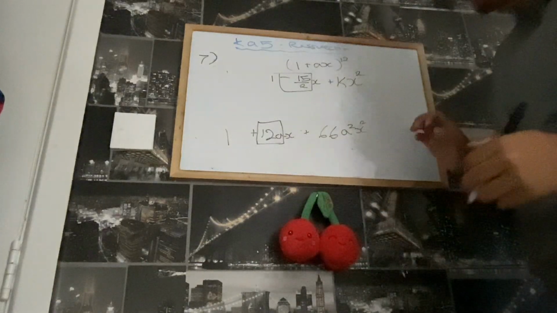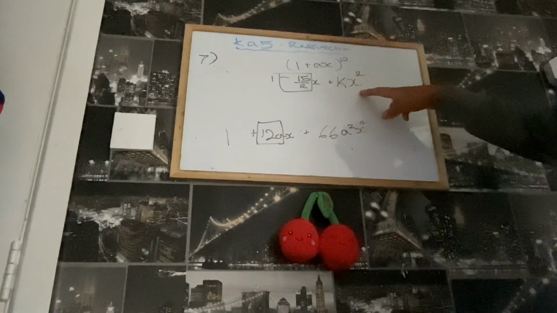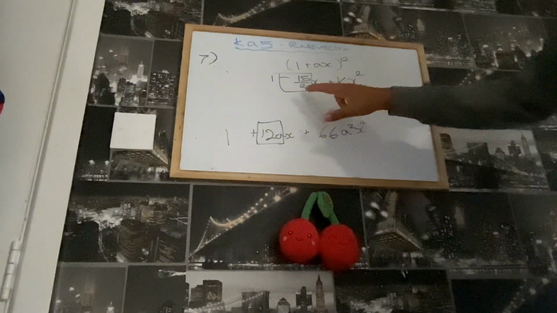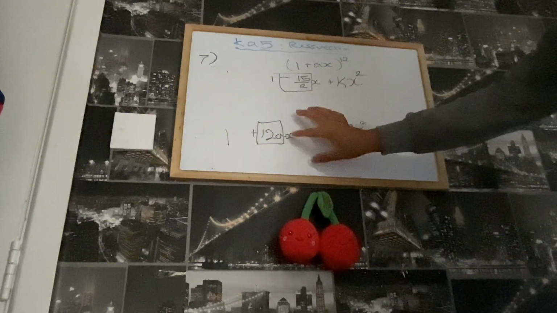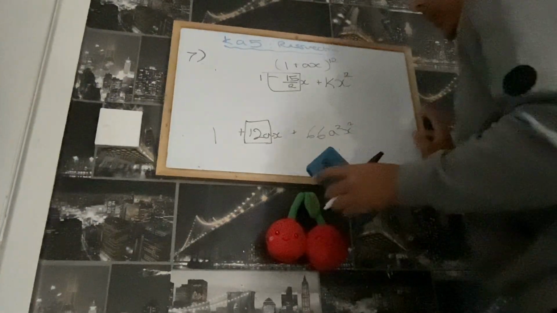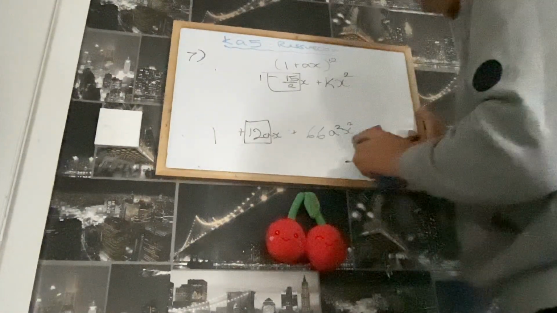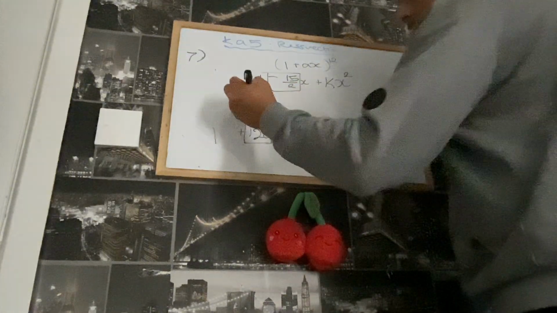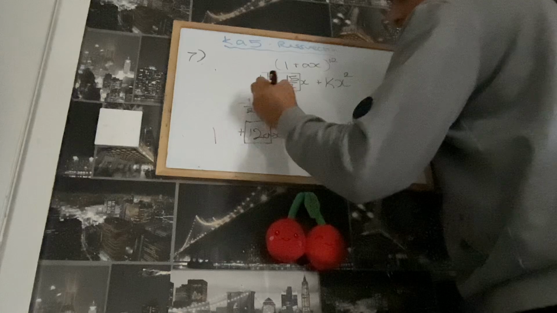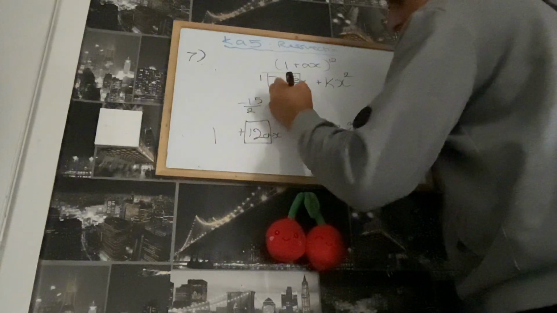We can't really work out this one, since it's more difficult with two unknowns. This one only has one unknown, so we can work this one out. So let's work out what a is. We use minus 15 over 2 equals 12a.